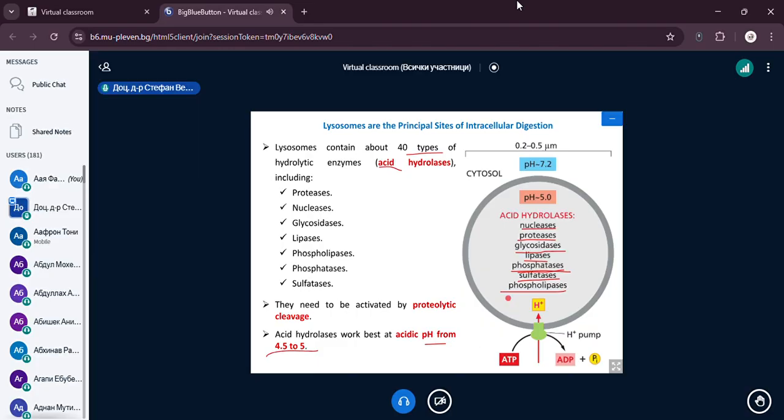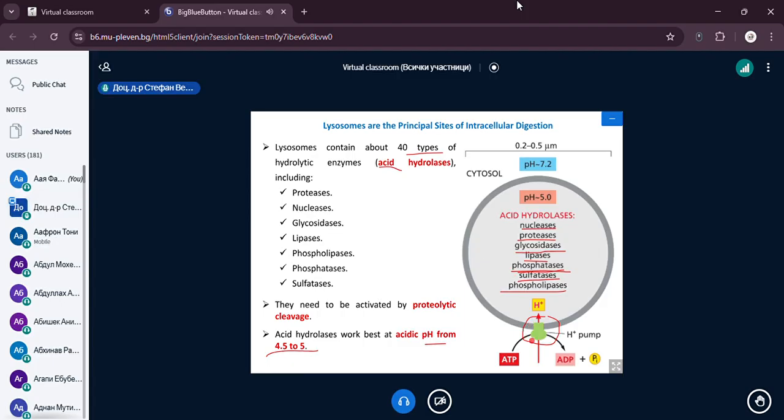So usually in the lysosomes, these enzymes are in an inactive state because when the lysosome is formed, the pH is high in the lysosome. But later, when lysosomes become involved in degradation, the pH lowers with the help of a special, so-called proton pump, present in the membrane of the lysosomes.